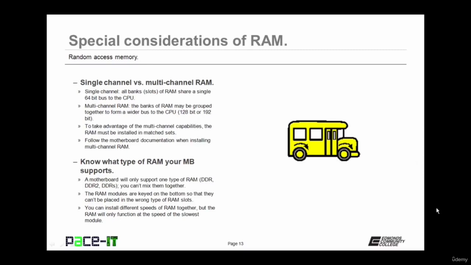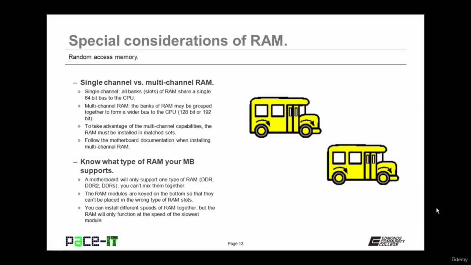In multi-channel RAM, the banks of RAM may be grouped together to form a wider bus to the CPU, and that bus may be 128 bits or 192 bits wide. To take advantage of the multi-channel abilities, the RAM must be installed in matched sets. And you need to follow the motherboard documentation when installing multi-channel RAM.